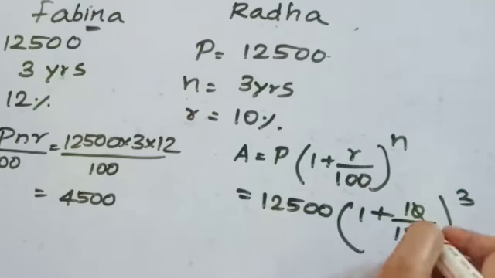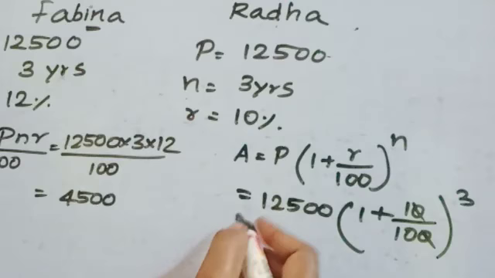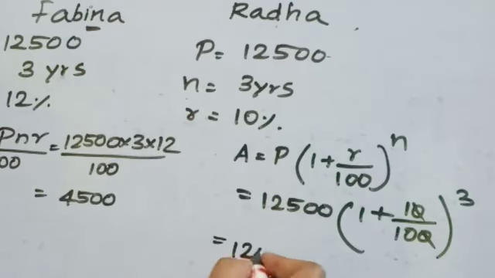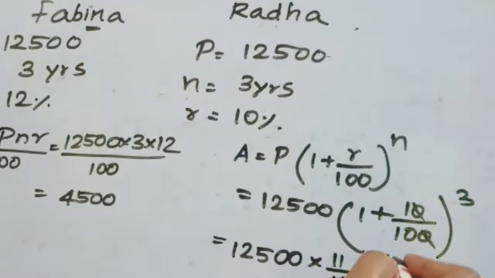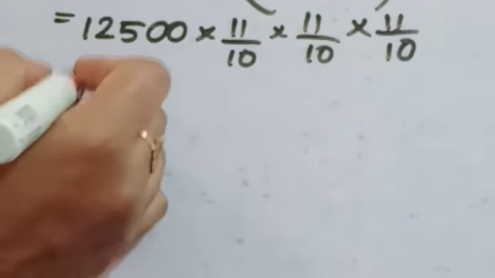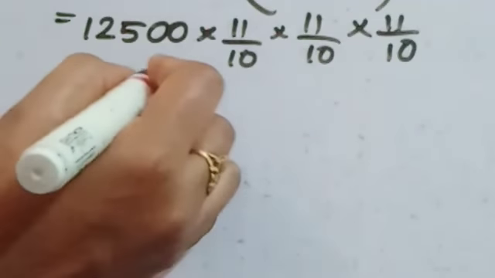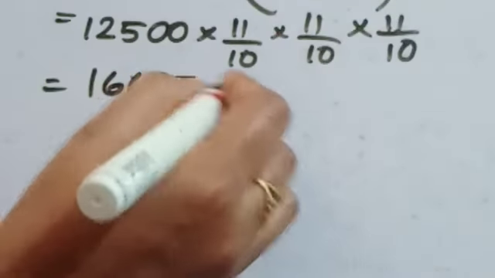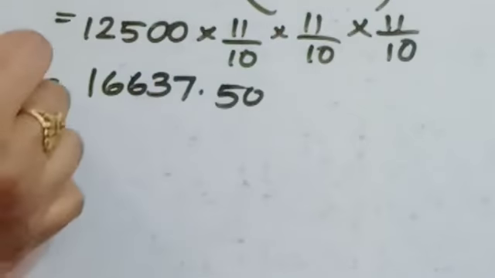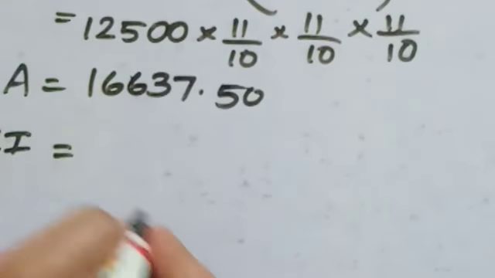The zeros get cancelled: 10 into 1 is 10, 10 plus 1 is 11, so 11 by 10 the whole power 3. So it is 12,500 into 11 by 10 multiplied 3 times. After cancellation, we will be getting the amount as 16,637 rupees 50 paise.